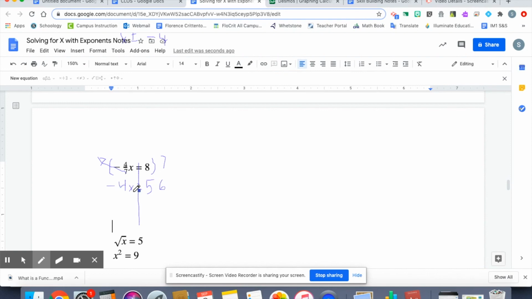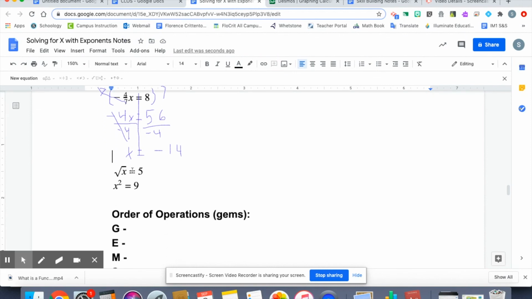Finally, negative 4 times x, or multiplied to x. To undo that, I have to divide it away. Because negative 4 divided by negative 4 cancels and becomes 1x equals 56 divided by negative 4 is negative 14. So that was a multiplying and dividing one mixed.